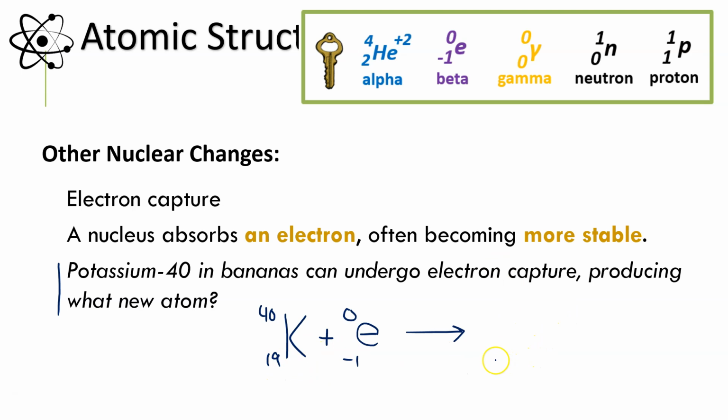Of course, 19 plus -1 is 18, so my new atom must have 18 protons, which makes it argon with a mass of 40. Interestingly enough, this is part of why our atmosphere contains a very small percentage of argon atoms. A lot of those were produced by potassium atoms in vegetation, like bananas, undergoing electron capture.